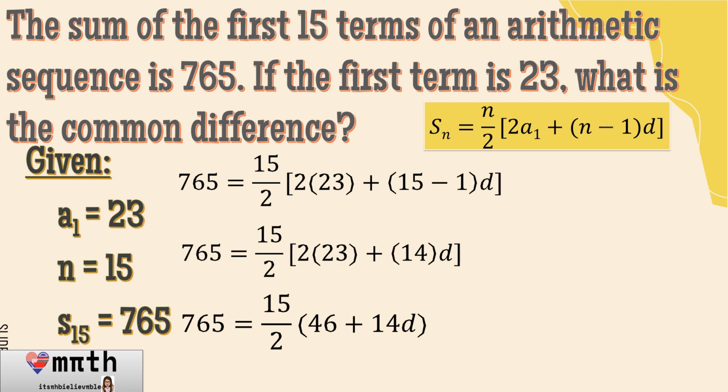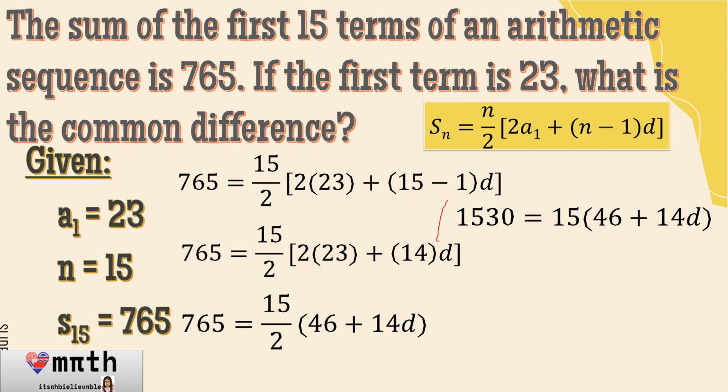So, since we cannot simplify or add 46 with 14d, let us simplify first 15 divided by 2. That is 7.5. But in order for us not to get a decimal point in our answer, we just simply eliminate 2 at the bottom or the denominator. For us to remove the denominator 2, we just simply multiply 2 in both sides.